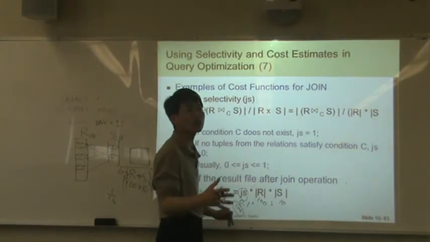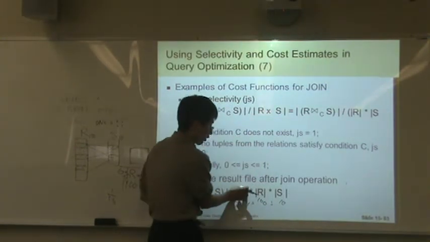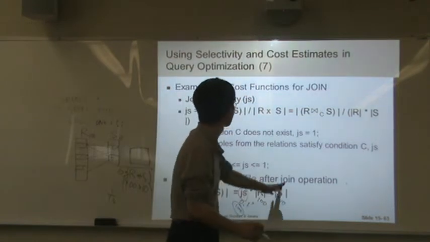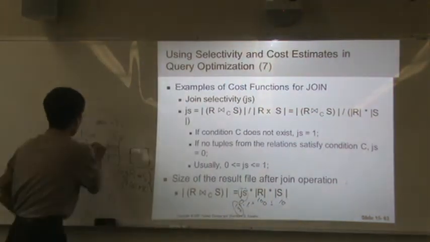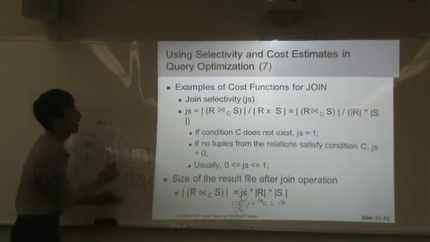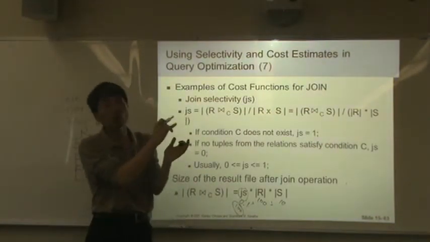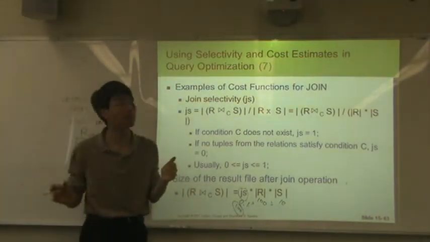Actually, during the collecting of information, the JS will be calculated. Then multiply by R, multiply by S, divide by the Cartesian product, all the cases, to see how many of them are matched. So between 0 and 1: 1 means all of them are matched, 0 means none of them are matched.